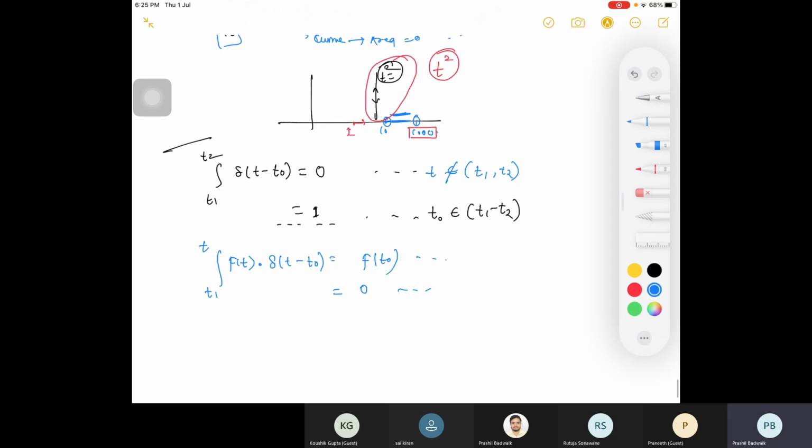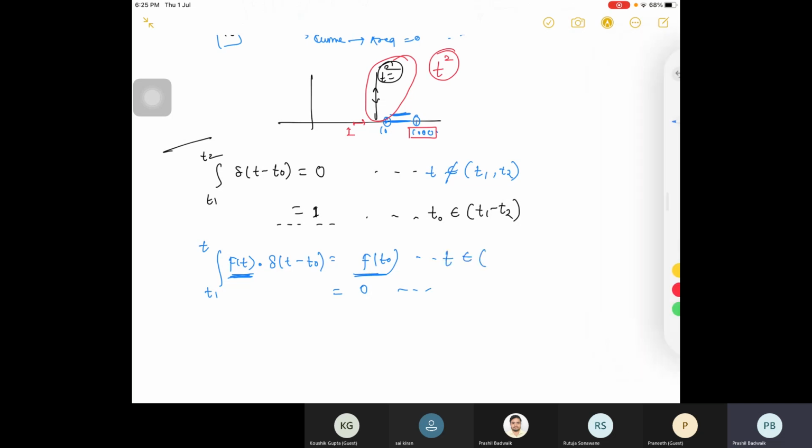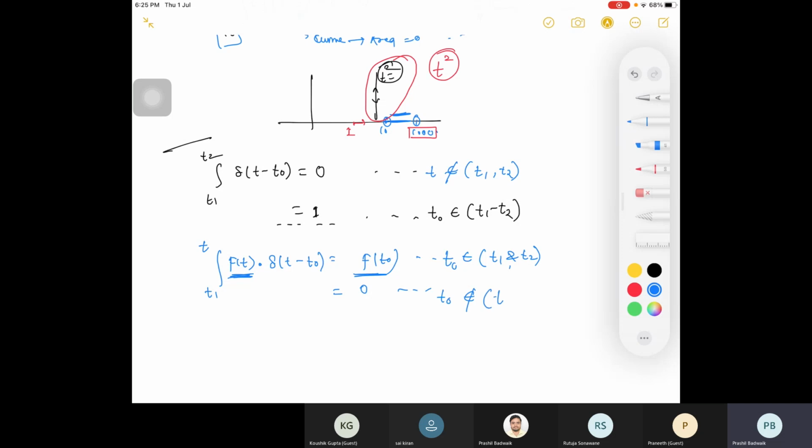Suppose I'm multiplying it by any f of t, you will have f of t naught when t naught belongs to the interval t1 comma t2, and if this t naught does not belong to t1 comma t2, then you will have 0 value. So these are the properties.